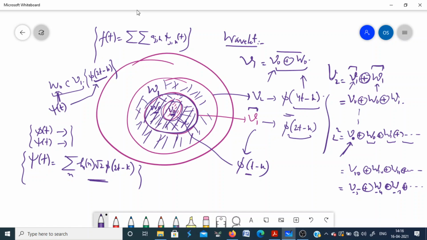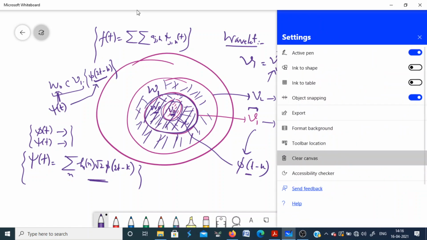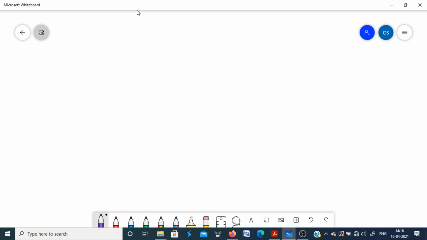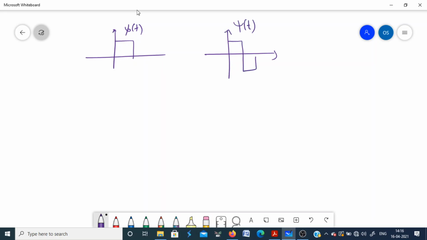For this Haar system, how you can do it is very simple. This is the scaling function phi t, and if you see how a Haar wavelet looks like, it is like this: 0, this is 1 by 2, 1, this is 1, and minus 1.